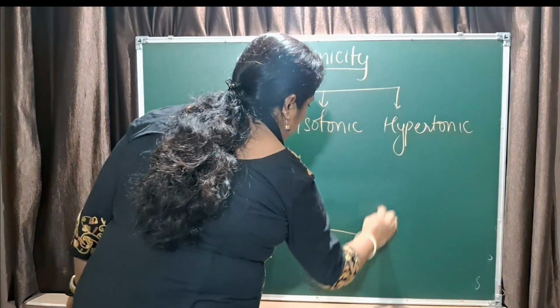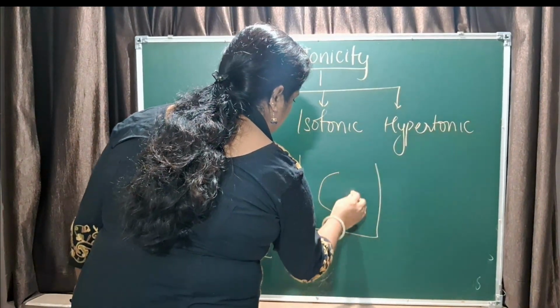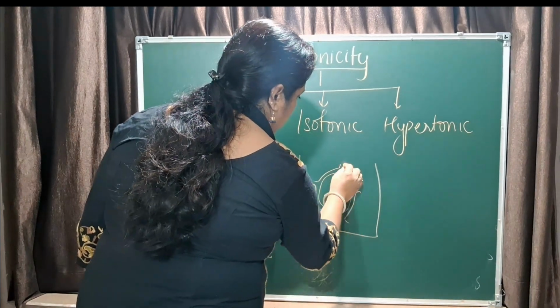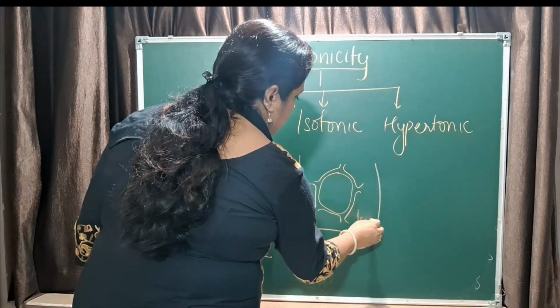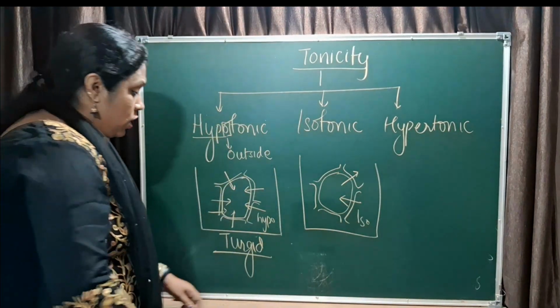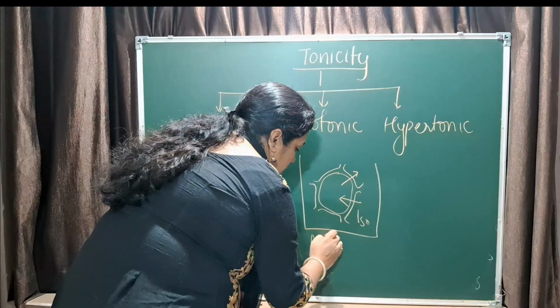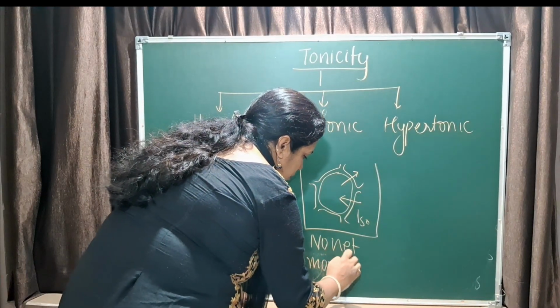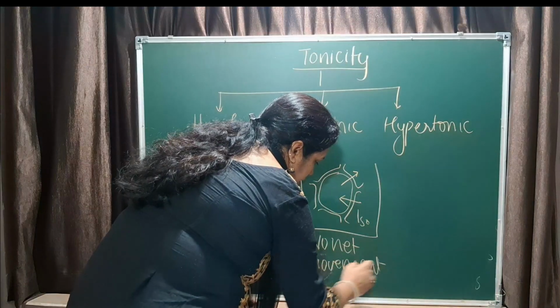Isotonic, if you talk about an isotonic solution, the water moving in is equal to the water moving out. So there is no net movement of water.